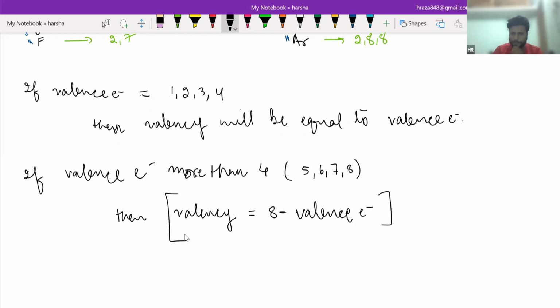Please write it. Then I will give an example. Then you will try for all 28 elements.